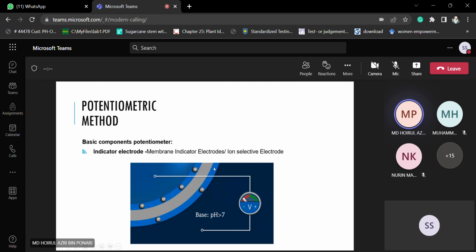So what happens? The hydrogen ions in the ion selective membrane will be lower, so the electrical current that can pass through these junction potentials is lower. So when the electrical current is lower, it indicates that the concentration of hydrogen ions is lower. So it will give a higher pH reading. Okay, do you understand?